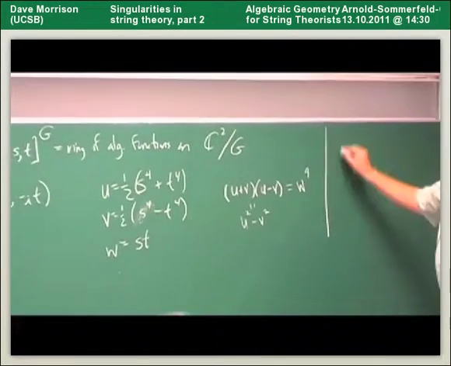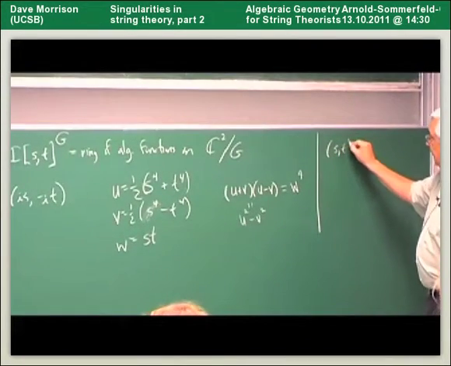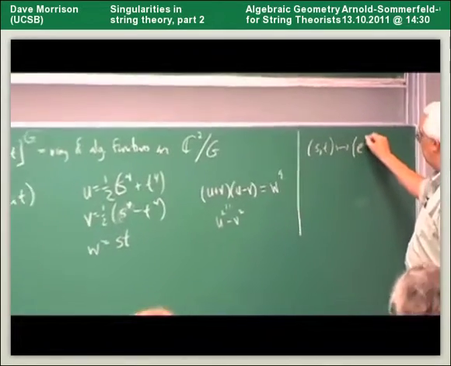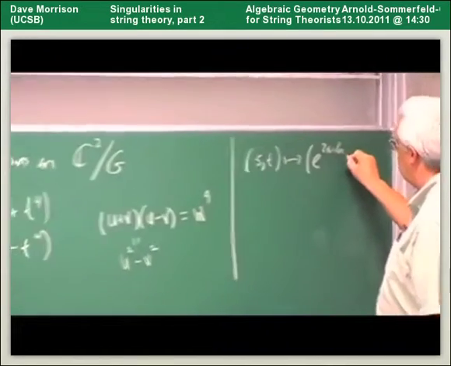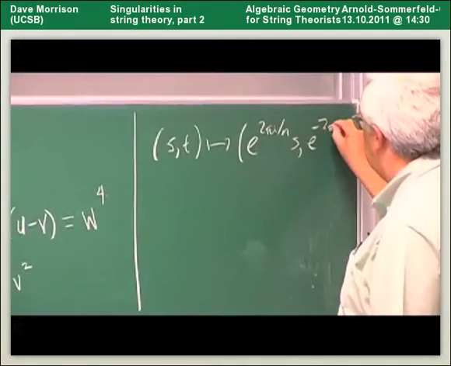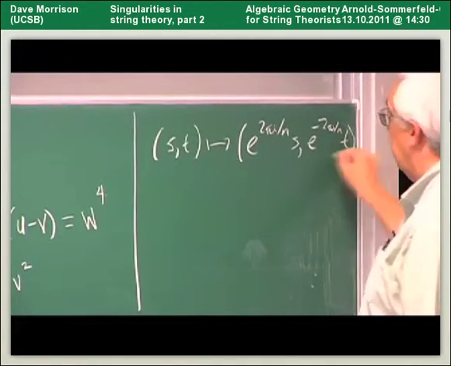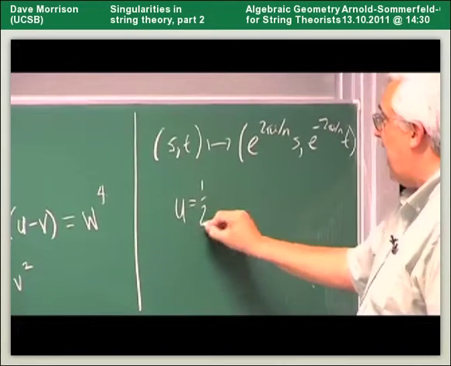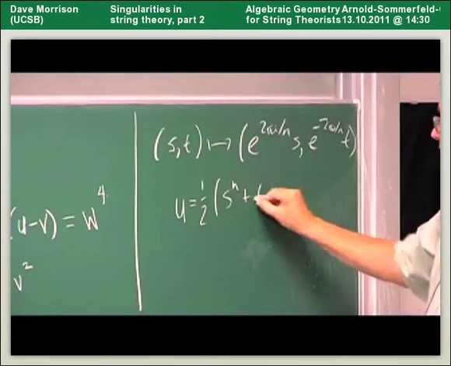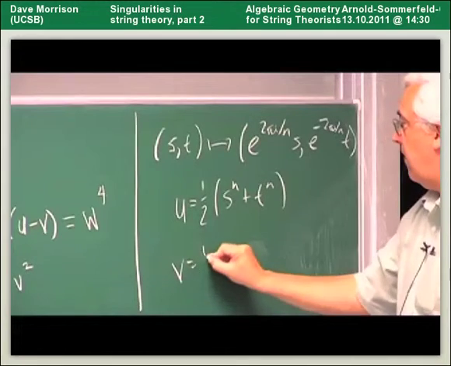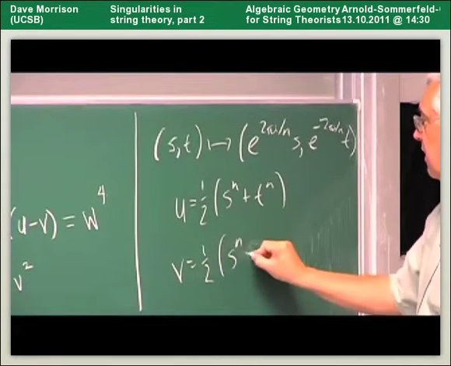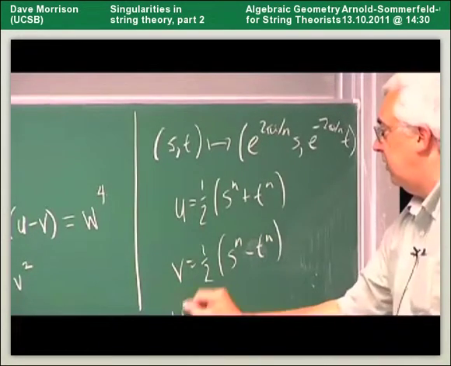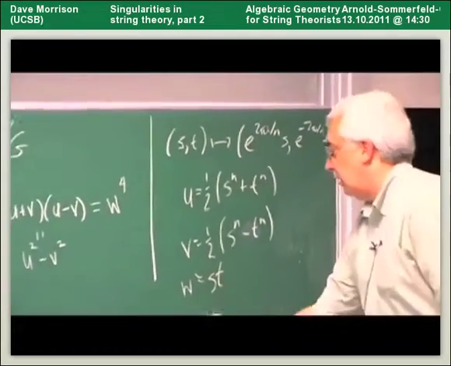There's a slight generalization. Let me just mention, if I had done (s,t) goes to (e^(2πi/n) s, e^(-2πi/n) t), then the analogs of the invariants would have been half (s^n plus t^n), half (s^n minus t^n), and w, which is st. Same thing would have worked.